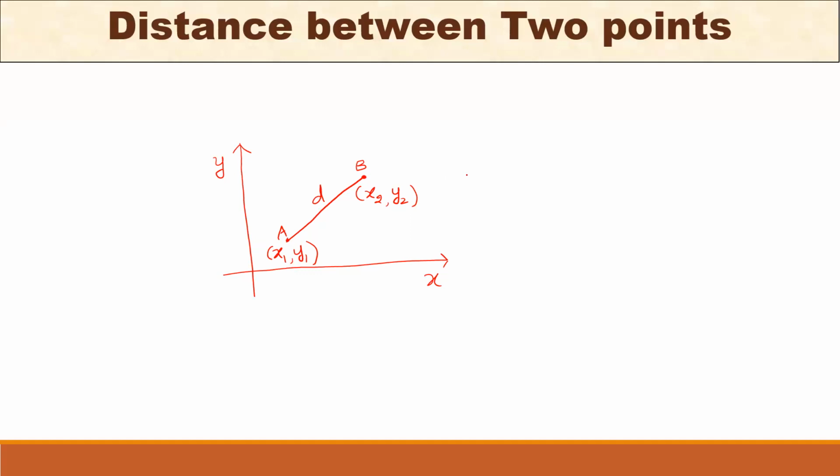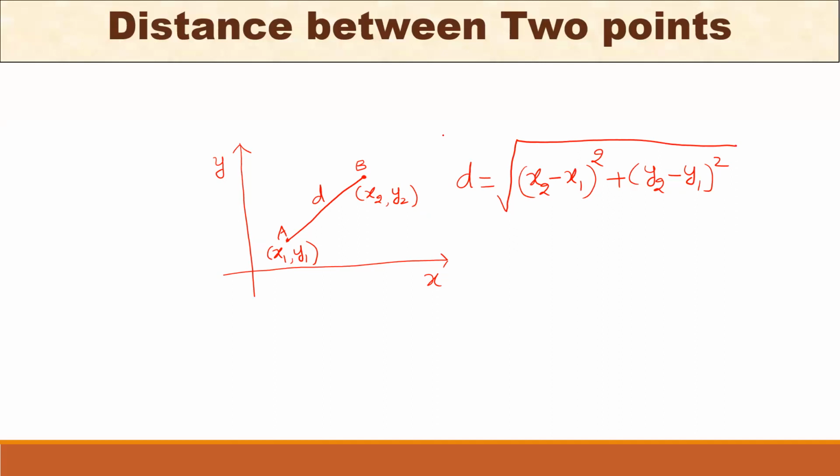So the formula for calculating distance between these 2 points is equal to x2 minus x1 whole square plus y2 minus y1 whole square, and this entire thing is under the square root.